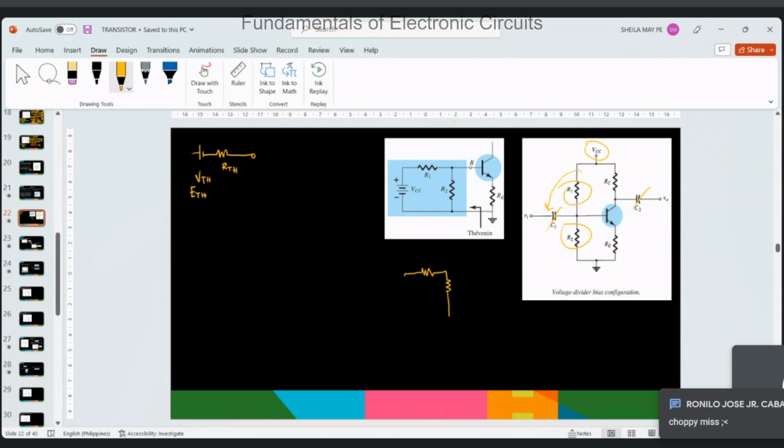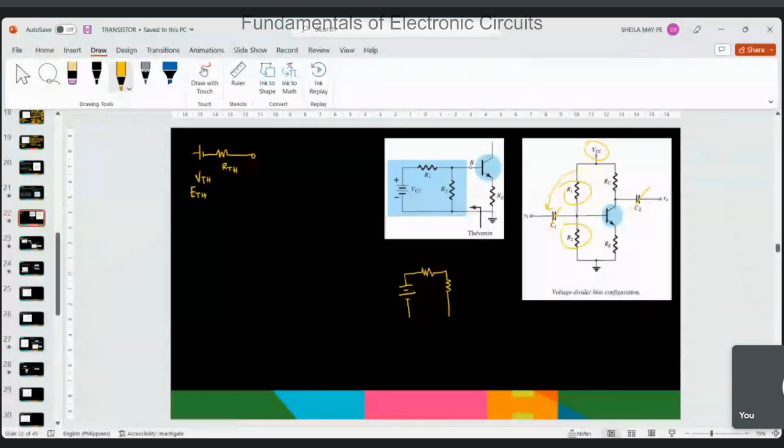So VCC is supposed to be placed there, but to make the circuit more visual, the source is connected, and this is connected to our ground.